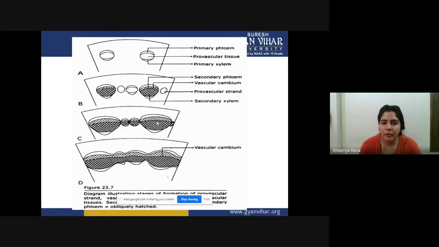The very first is the interfascicular cambium, and the second is the extension of the fascicular cambium. So this is our fascicular, this is our interfascicular. We needed to extend this and form this to form a ring-like appearance inside a plant body.